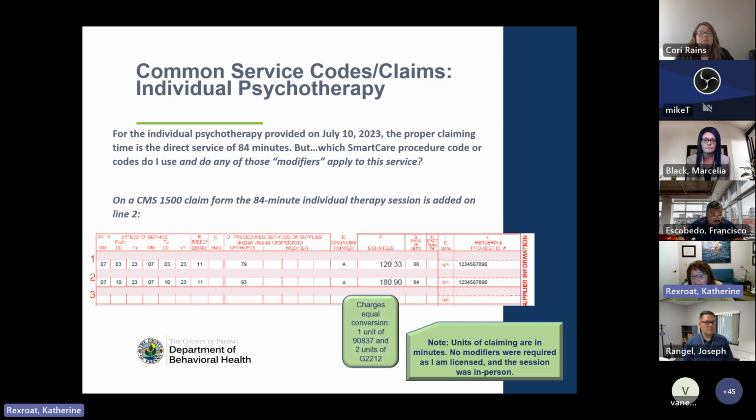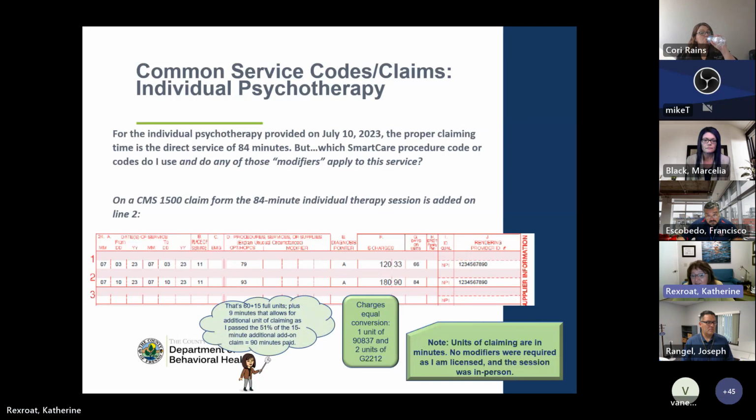How did I do that? Charges equal conversion rate of 1 unit of 90837 and 2 units of G2212. So what does that equal?